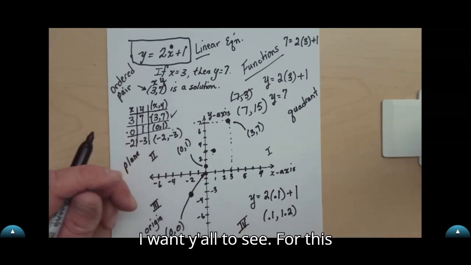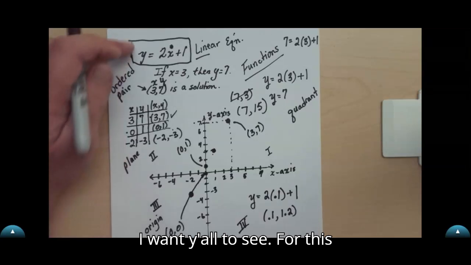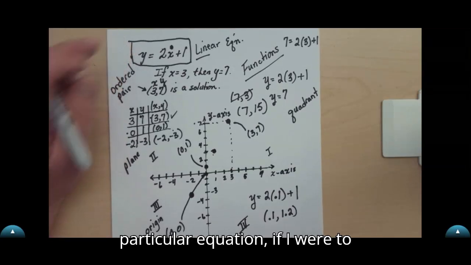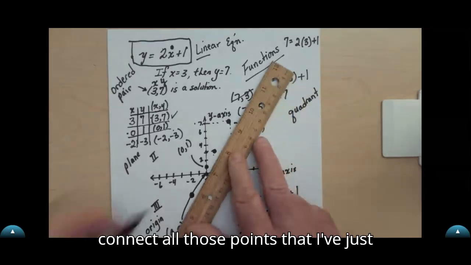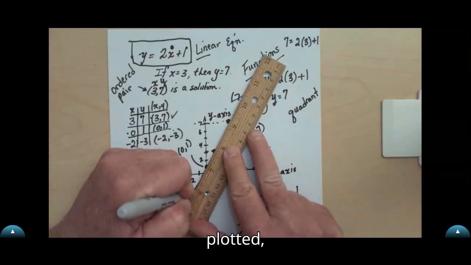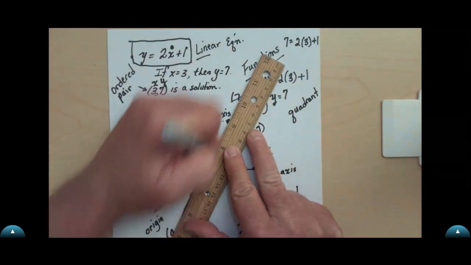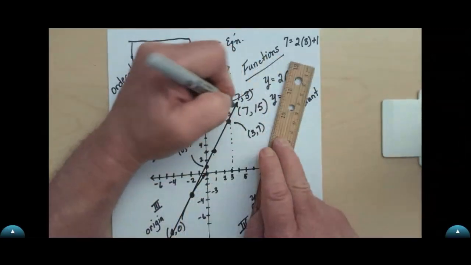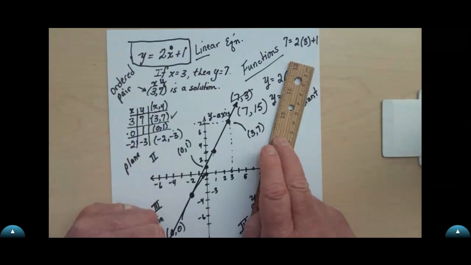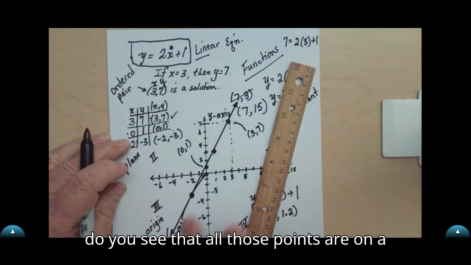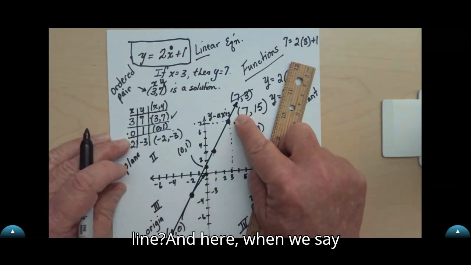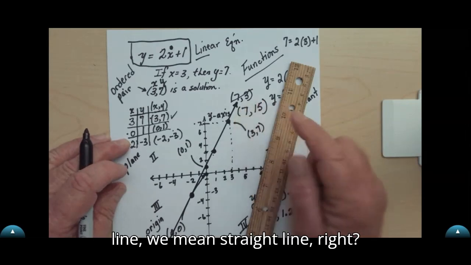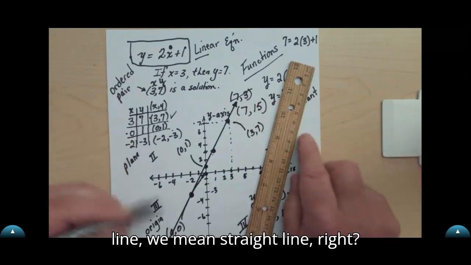Here's the thing I want y'all to see. For this particular equation, if I were to connect all those points that I've just plotted, do you see that all those points are on a line? And here, when we say line, we mean straight line, right?